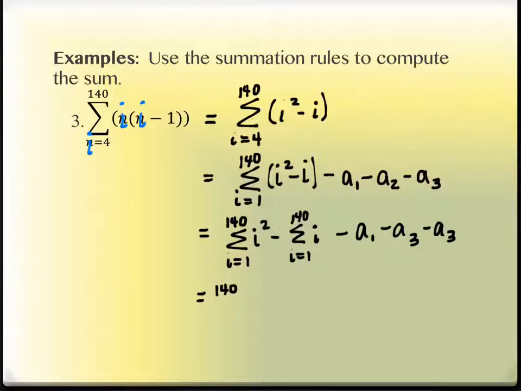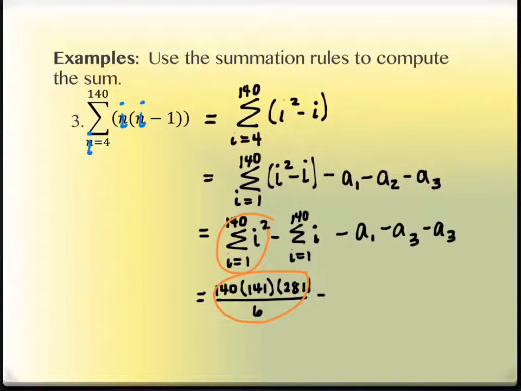So we're going to have 140 times 141, right? Times 2 times n plus 1. So what's 2 times 140 plus 1? 281. And all of this is divided by what value? 6. And that is just this part, right? Those pieces go together.